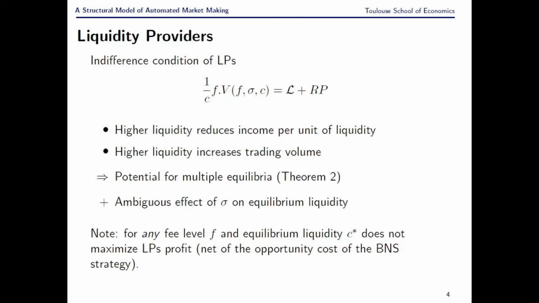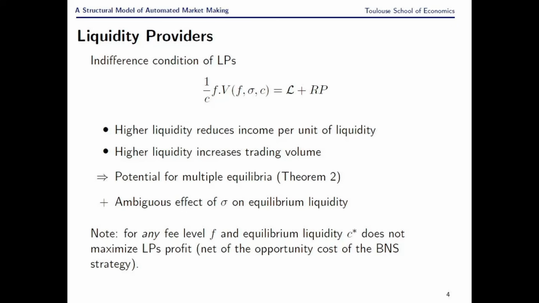Okay, liquidity providers. This is more of a comment. David showed this equation, or at least slightly, I just moved one piece to the other side. This is just to highlight the indifference condition for the liquidity providers, right?